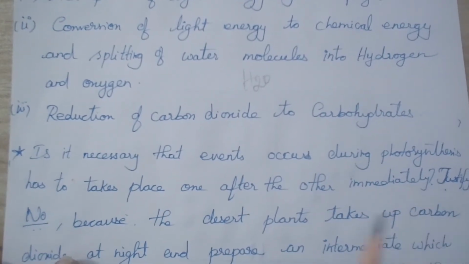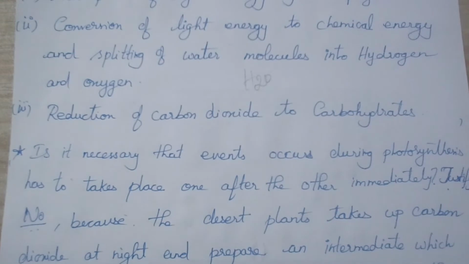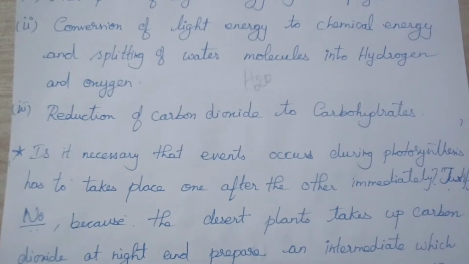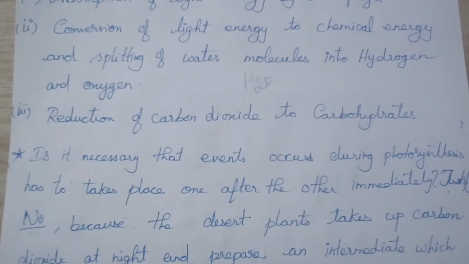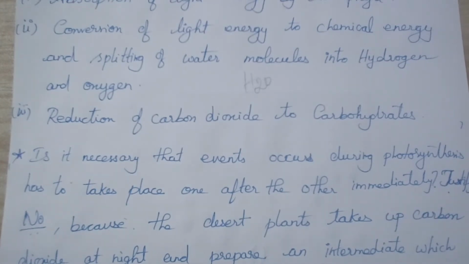Justify your answer. No. Just now I told you, based on the environment, the climate, the season, plants will adapt themselves. So it is not necessary that events will occur one by one.